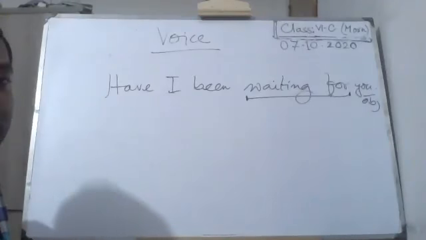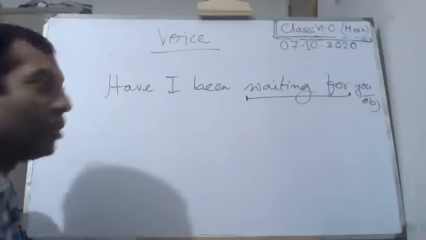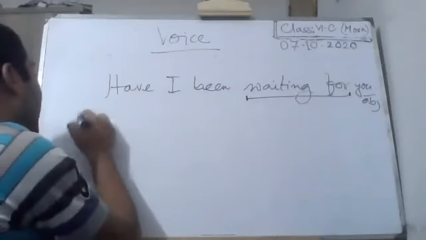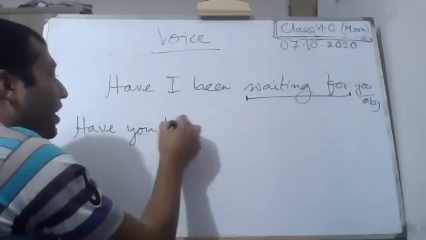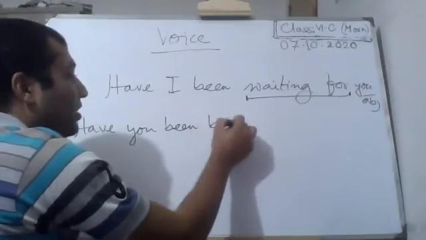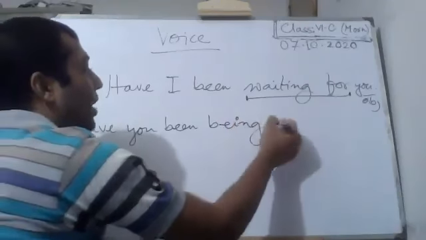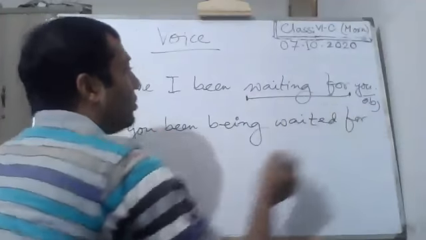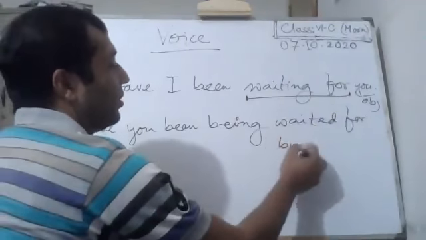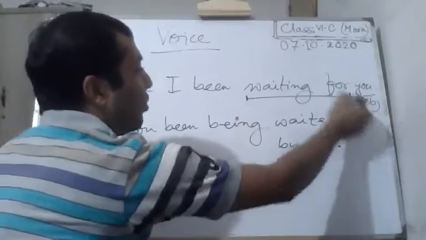We know in present perfect continuous, in passive form, we need to use the auxiliaries have been or has been. After that, the very common thing being will be used. So you will become you. So have you been waited for by me?